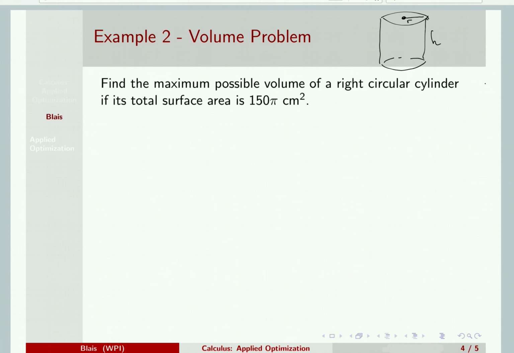And remember, the way we get the volume of a can, it's the area of the base or the area of the top, which is a circle. That area is pi r squared, and then multiplied by the height.